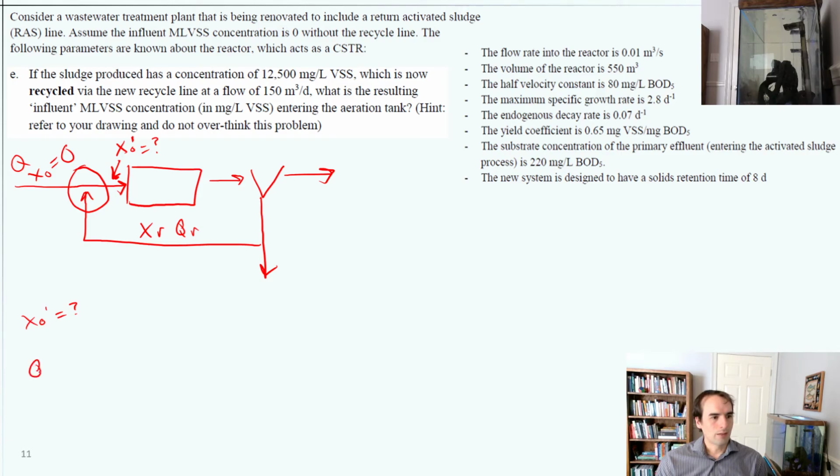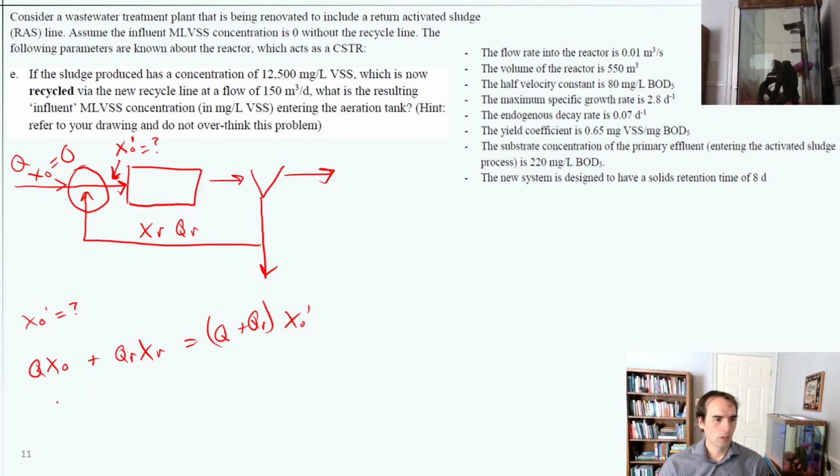And we can say Q X naught plus QR XR, these are the two things coming into this little control volume I drew, is going to be equal to what's coming out, which is Q plus QR, the total flow rate in this line, times X naught prime.